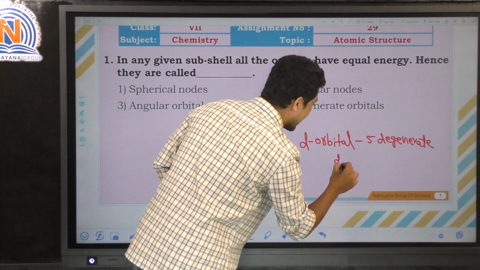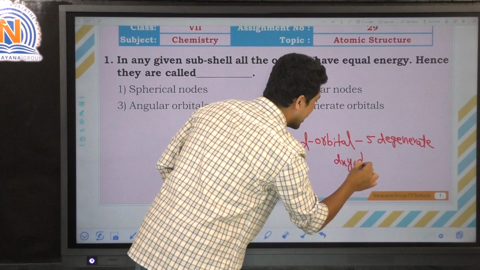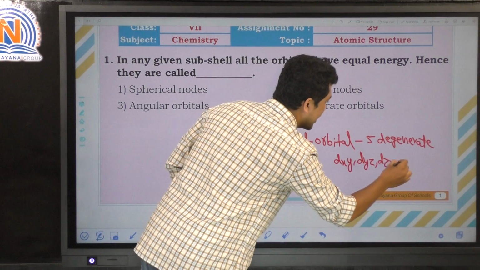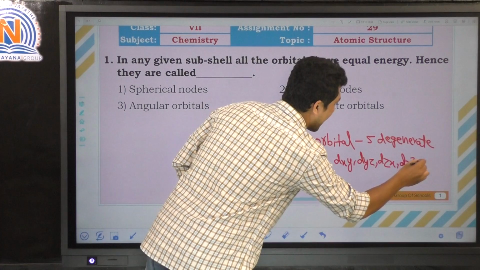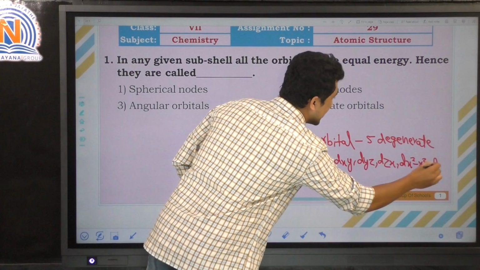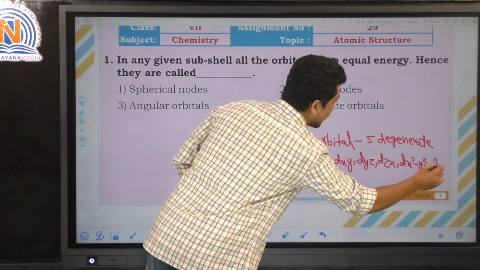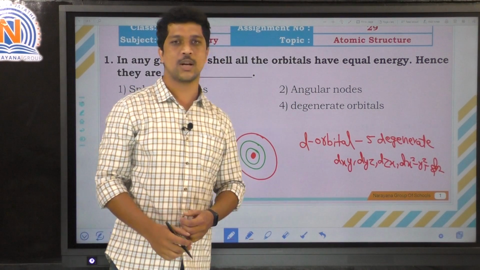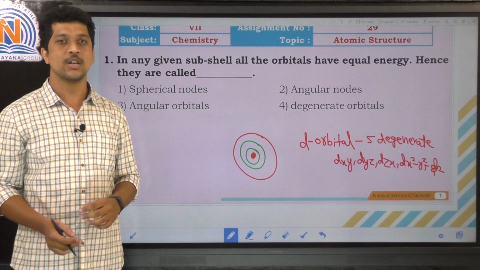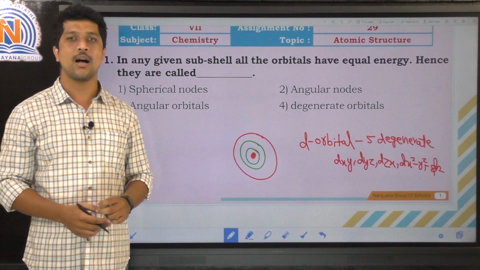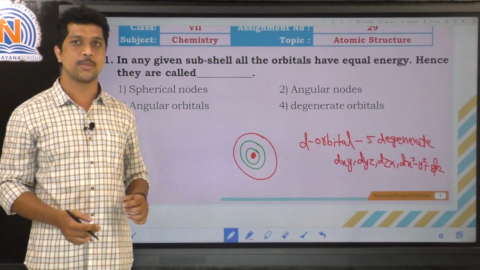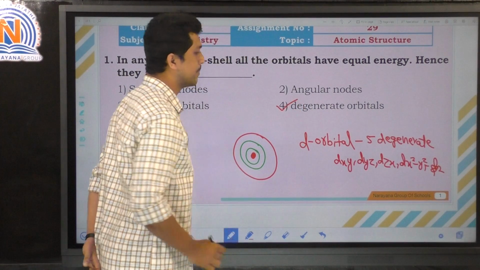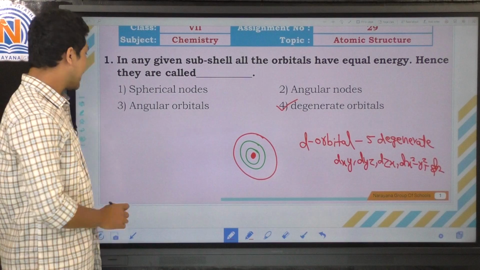Those are dxy, dyz, dzx, dx square minus y square, and dz square. These are the 5 degenerate orbitals which have the same equal energy. So in any given subshell, all the orbitals have equal energy. Those orbitals are called degenerate orbitals. So the correct option is the fourth option. Clear? Let's move on to the next question.